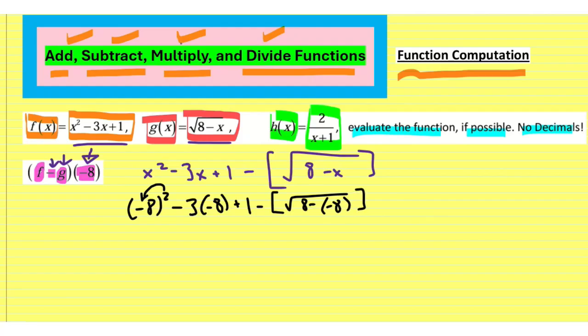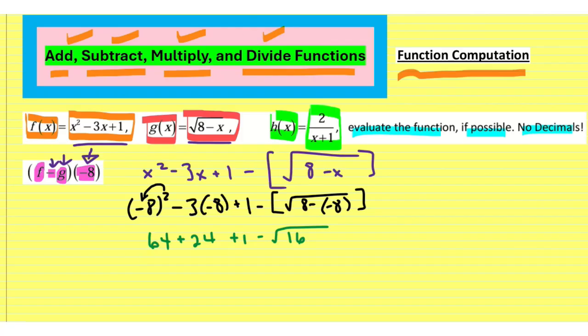Okay, and we just keep working it down using our order of operations. Okay, so negative 8 times negative 8 is a positive 64. And negative 3 times a negative 8 is a positive 24. And then plus 1. And then minus, and under the radical, I'm going to do 8 minus a minus 8, which merely means 8 plus an 8, which is 16.